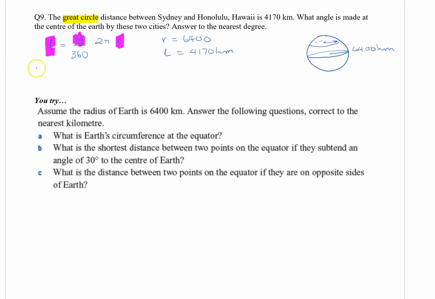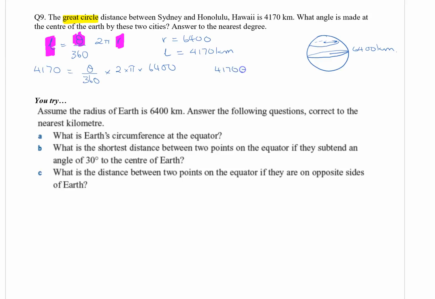So we're going to substitute the values in just like we would in algebra. We don't know the angle, theta, on 360, and we've got 2 times pi, and the radius is 6,400. There's quite a bit of tidying up you can do before we actually get started to solve.